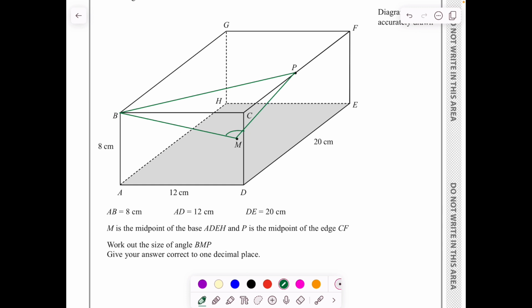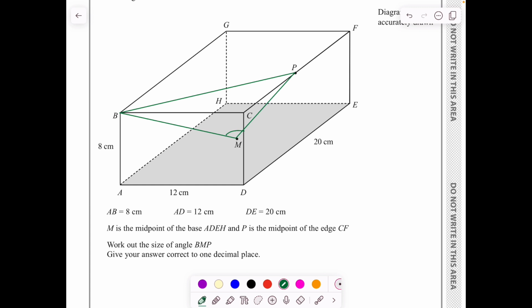Now, it might not be immediately obvious, but we're going to need to do advanced trig. And we're going to have to use the cosine rule specifically because there's no other angle involved. We only have one angle that we're trying to find.